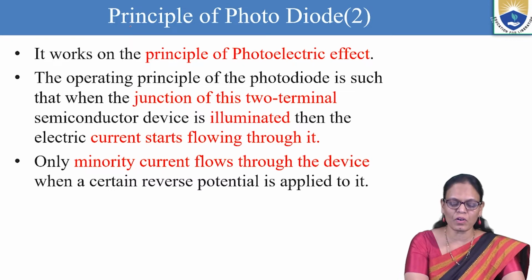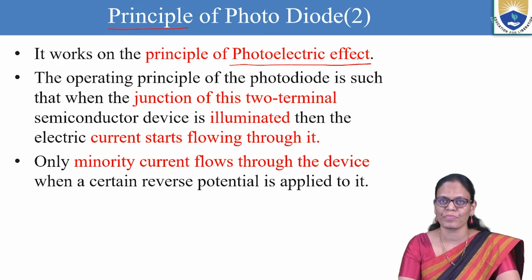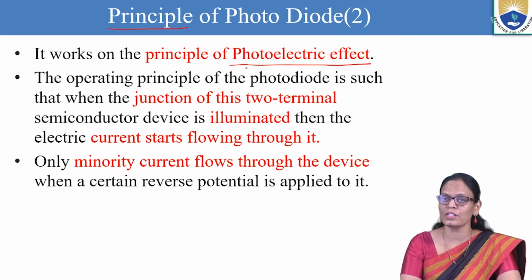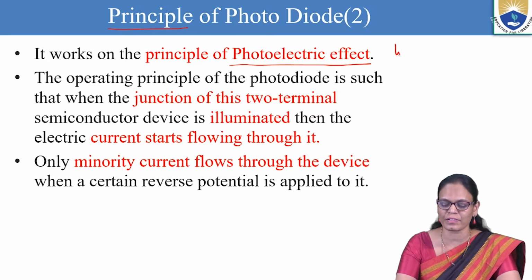Now the principle of photodiode. It works on the principle of photoelectric effect. This is the famous effect that was demonstrated by the scientist Einstein. He gave this photoelectric effect in the year 1970. What photoelectric effect says is, photo is always related to light.